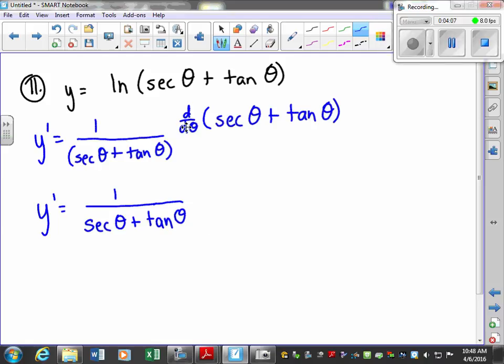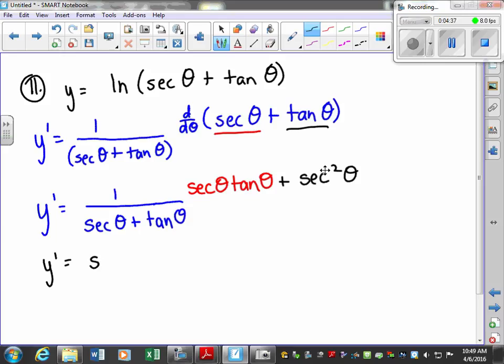What is the derivative of secant theta? I'm going to do this one in red. The derivative of secant theta is secant theta tangent theta, right? Okay, then I'm going to have plus, what's the derivative of tangent theta? Secant squared theta. Good. So basically we just want to be able to simplify that. I'm going to rewrite this numerator, factoring out a secant theta. So if in this numerator, if I take a secant theta out of this, what do we have left?